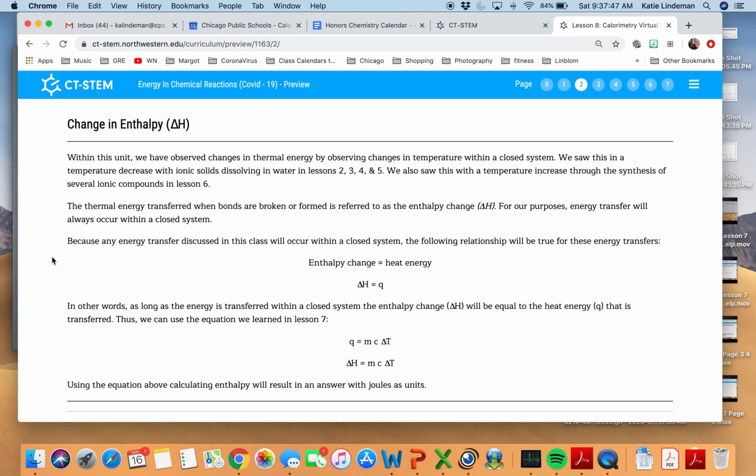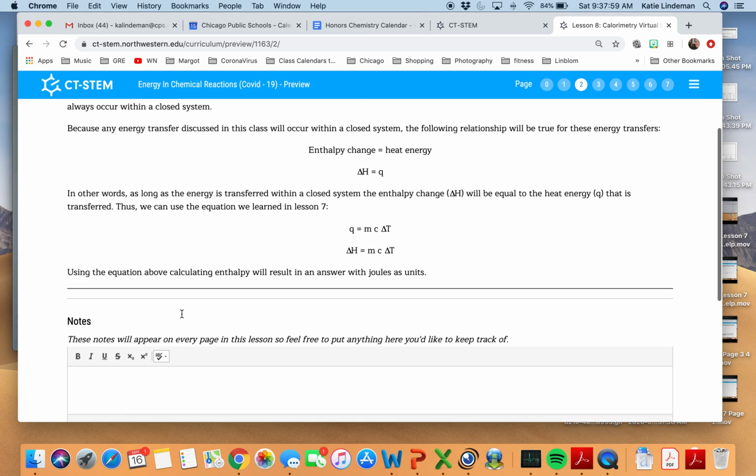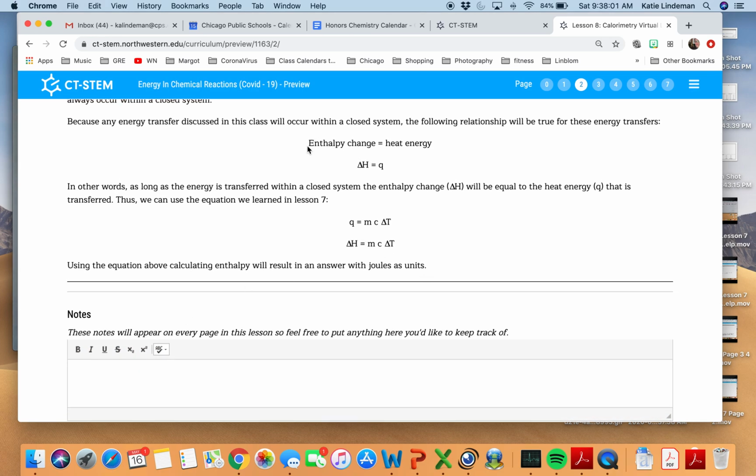Enthalpy change is equal to heat energy. And heat energy is something that we talked about last lesson. We really just talked about the math of it. So we can take advantage of this fact, and we can substitute delta H for Q. Last lesson we said that Q, heat energy, is equal to the mass times the specific heat times the change in temperature.